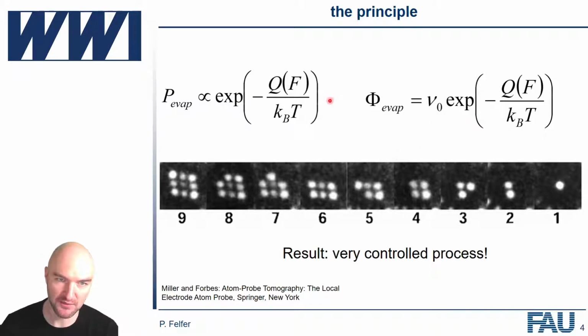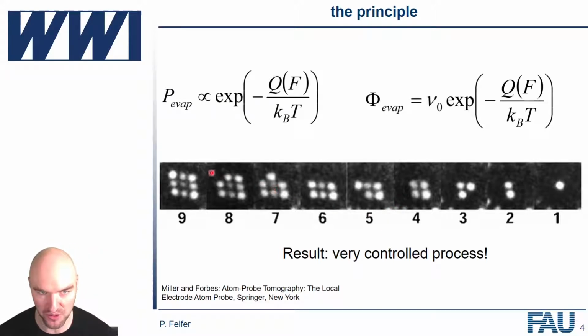And the result of that is that it's a very, very controlled process, because I can control the field very easily, and with that I can control the barrier very easily. A good example of that is this image that Mike Miller created years and years ago, where he took an atomic terrace with 9 atoms on it. I'm fairly sure it was tungsten.